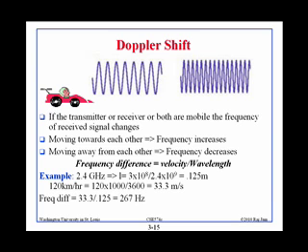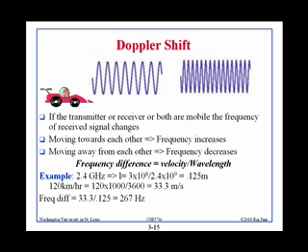Wavelength times frequency is equal to what? Not 1. It is equal to the speed of light, 300 meters per microsecond, right? So that is the number here, 3 times 10 raised to 8. The speed of light divided by 2.4 gigahertz gives you the wavelength, 0.125 meters, which is 12.5 centimeters.